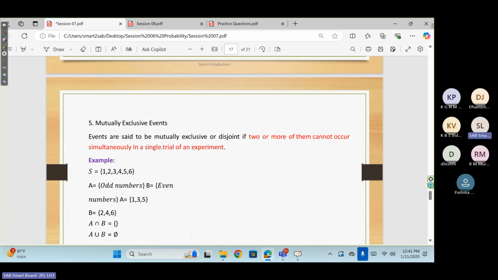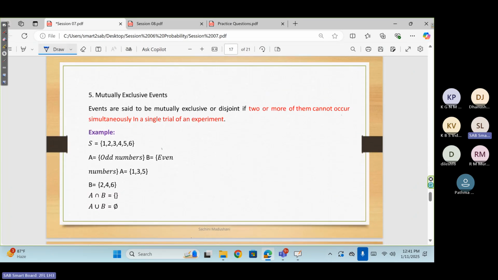The next term is mutually exclusive. Take the example of rolling a dice, numbers 1 to 6. A is getting an odd number, B is getting an even number. Then event A is 1, 3, 5. Event B is 2, 4, 6.